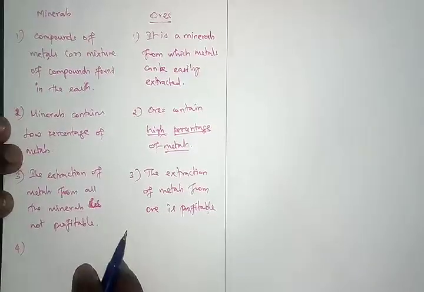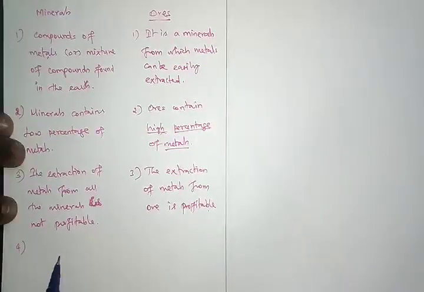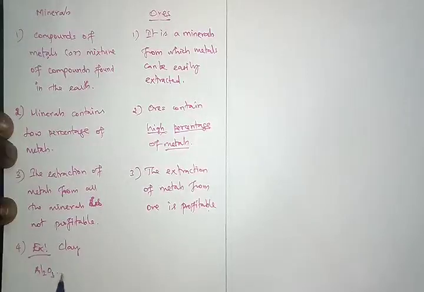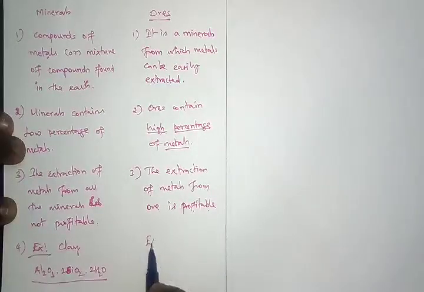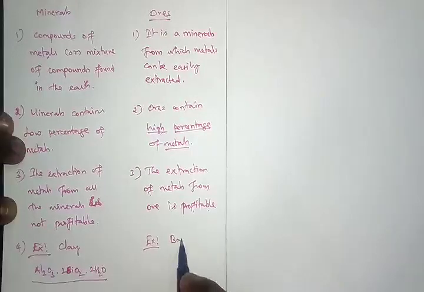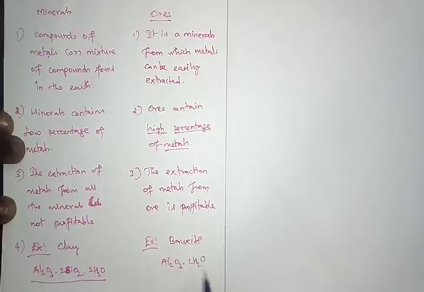Fourth one, an example. Let us take an example of clay. The formula of clay is Al2O3.2SiO2.2H2O. Whereas an example of ore is bauxite, Al2O3.2H2O.